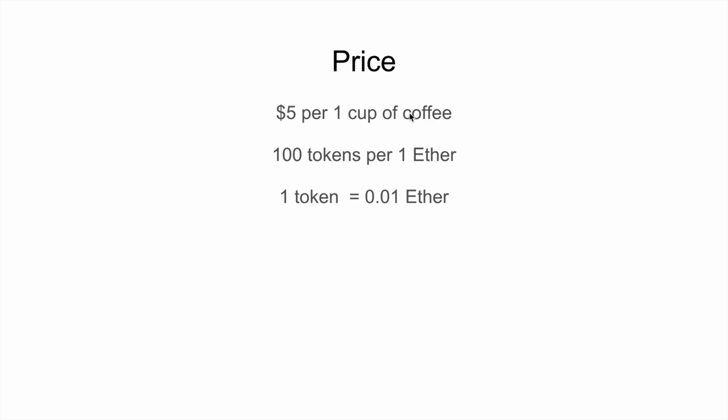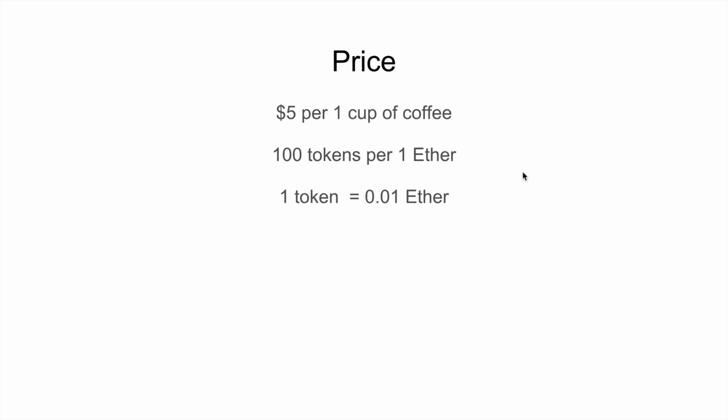Then you express the price as $5 per 1 cup of coffee, or 5 units of $1 per 1 cup of coffee. So it's a ratio. It's a 5-to-1 ratio. So similarly, if you want 100 tokens for 1 Ether, it's expressed as a ratio. It's 100 tokens per 1 Ether.